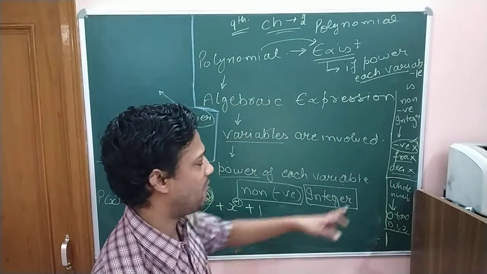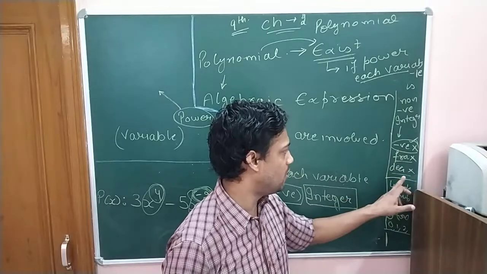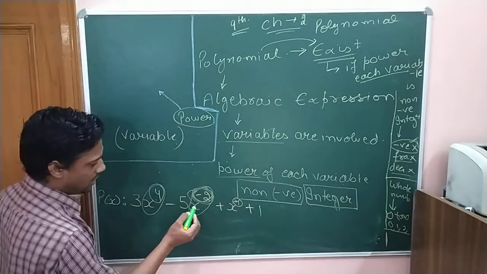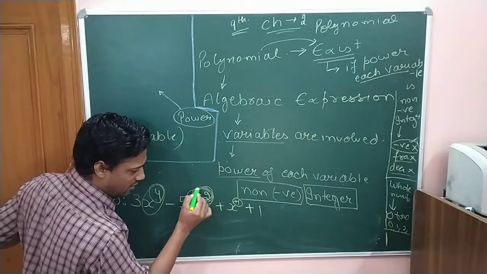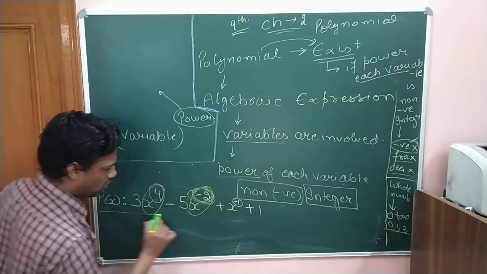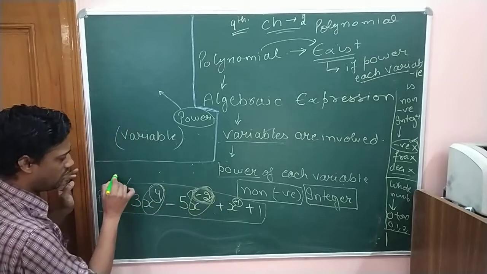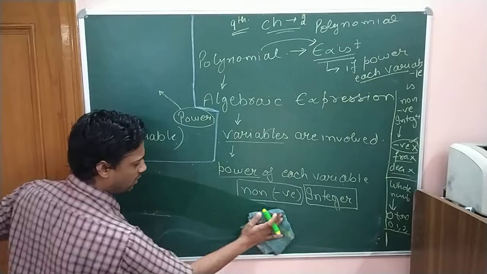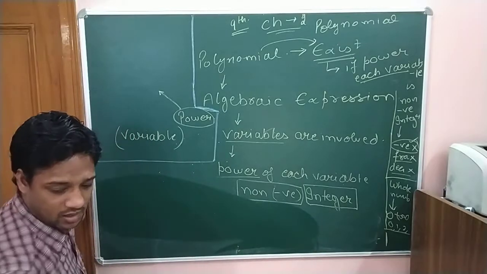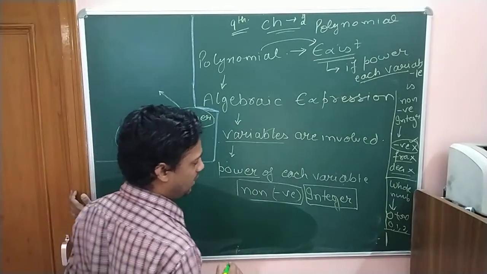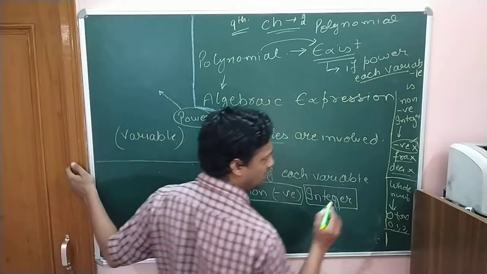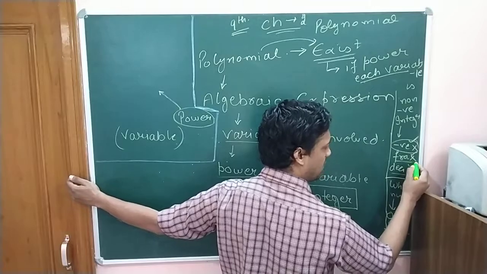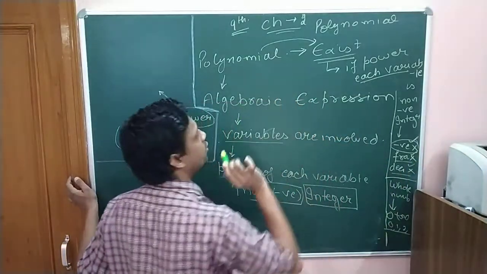If any variable has a negative power, fraction power or a decimal power, then it is not a polynomial. Here this variable has a negative power, so this is not a polynomial. Clear? In short, if in an algebraic expression any variable has a negative power, fraction power or a decimal power, then it is not a polynomial.